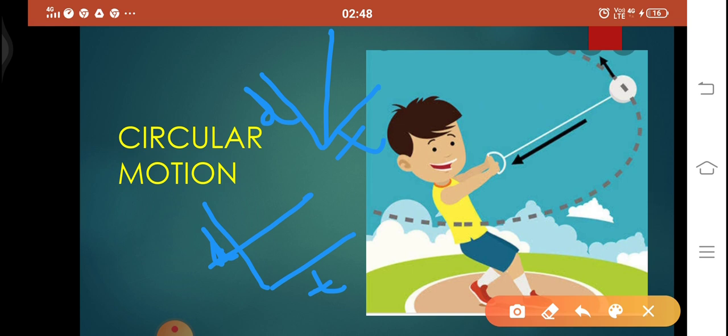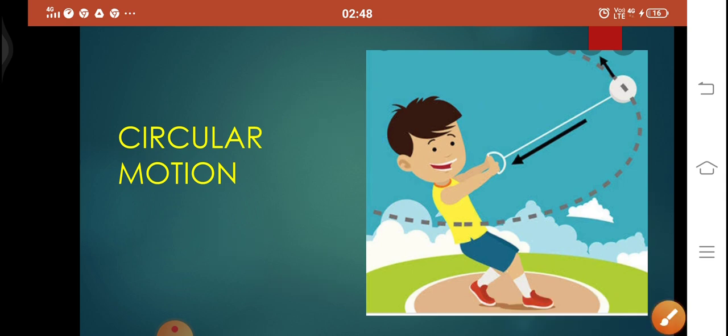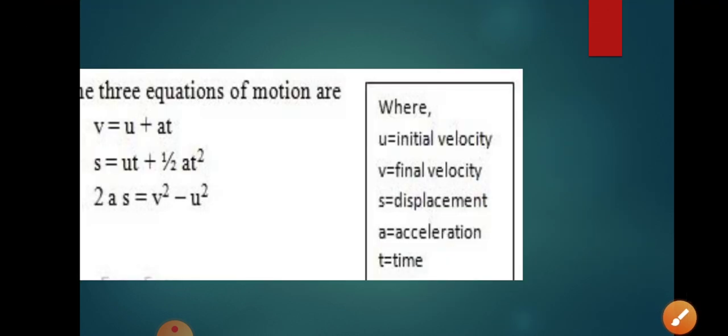After that, we have discussed the velocity time graph, and we have discussed that the area under the VT graph gives us displacement, and these three equations. Now you are familiar with these three equations.